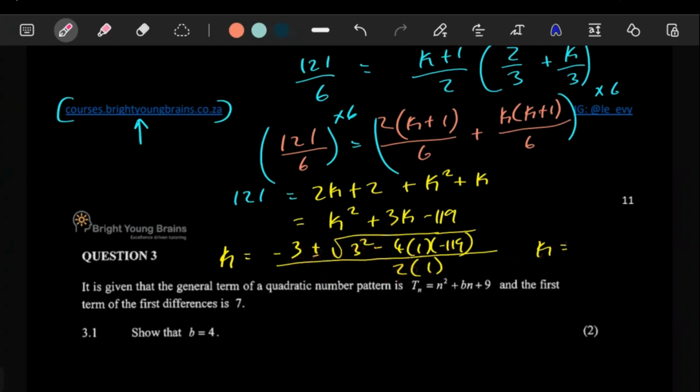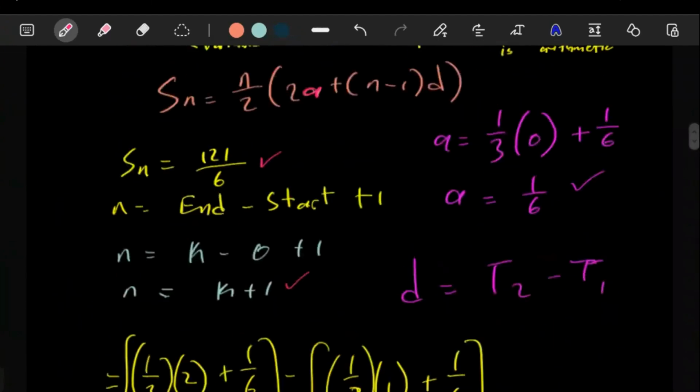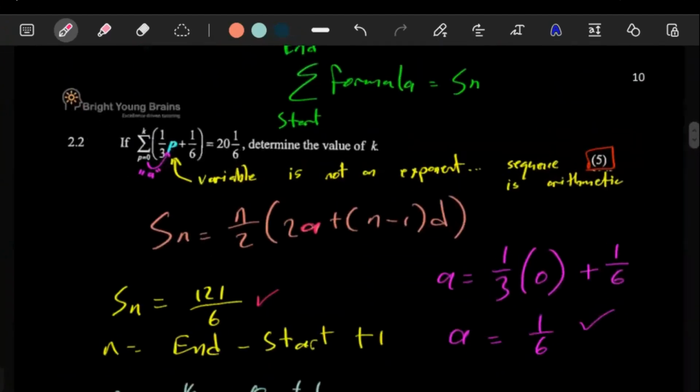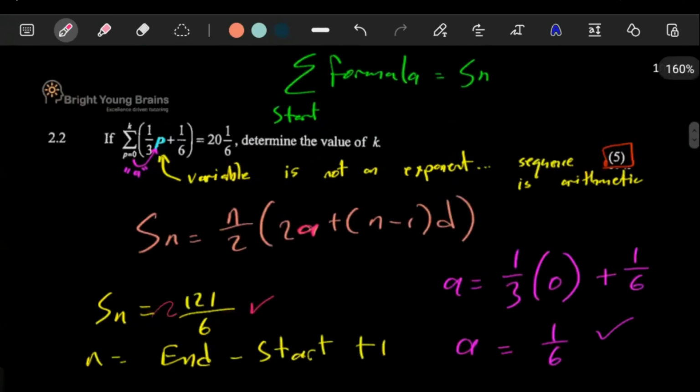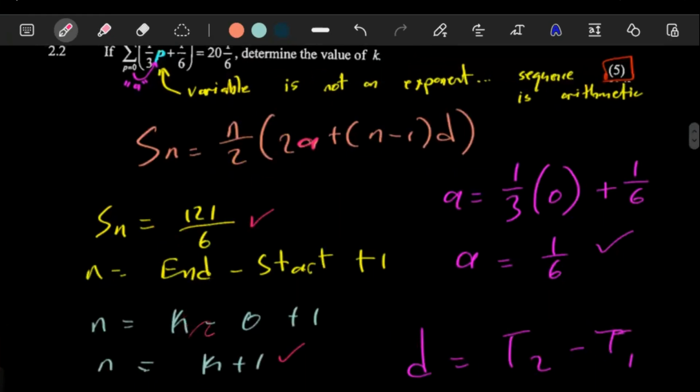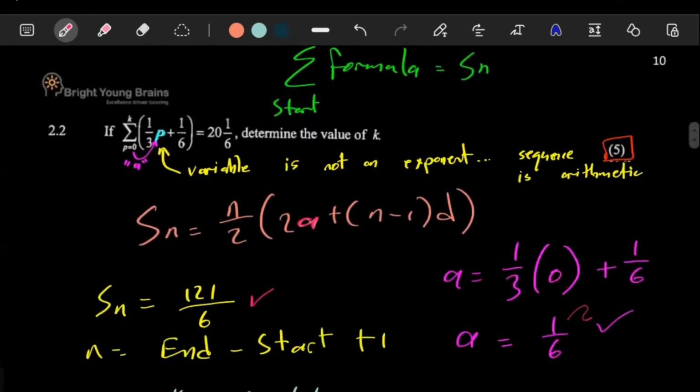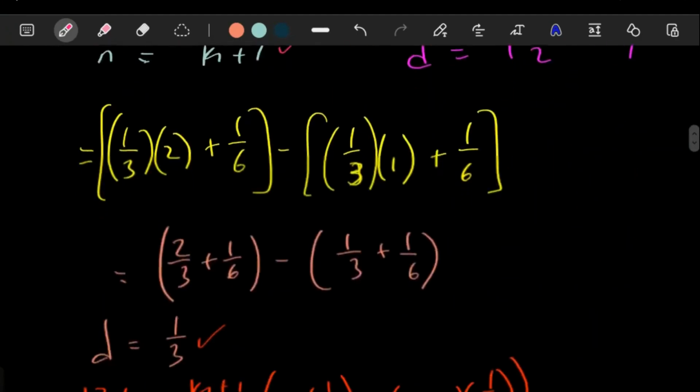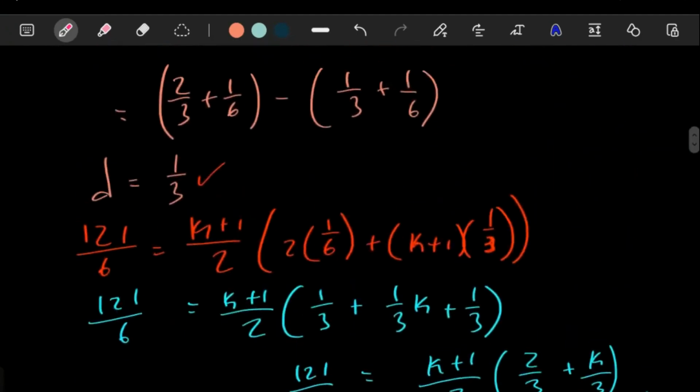We have to trace the individual values that we used. So n, Sn, there's nothing wrong. N minus 30 plus 1, n is fine. Our a value, we put a 0 there. A is 1/6, that's okay.